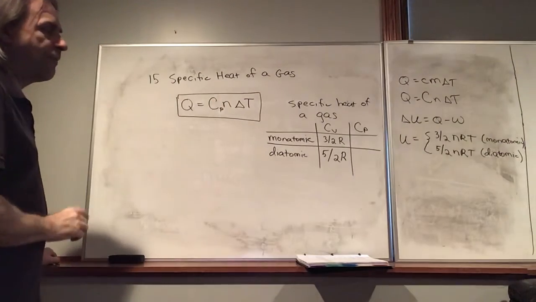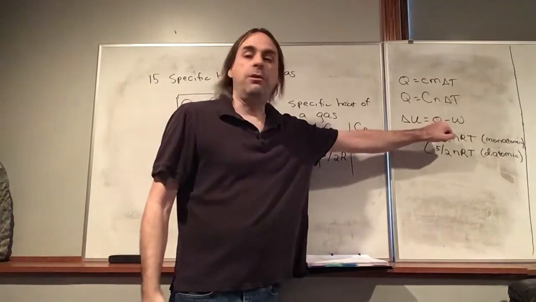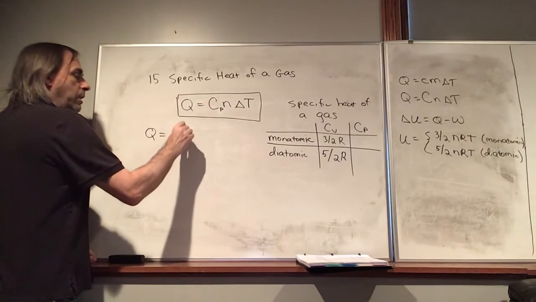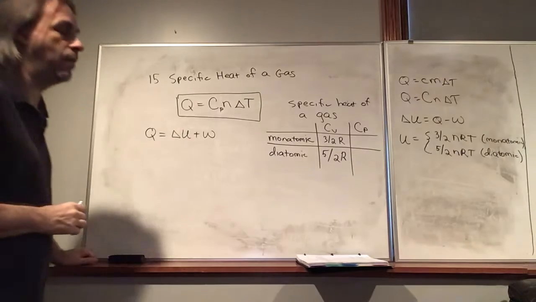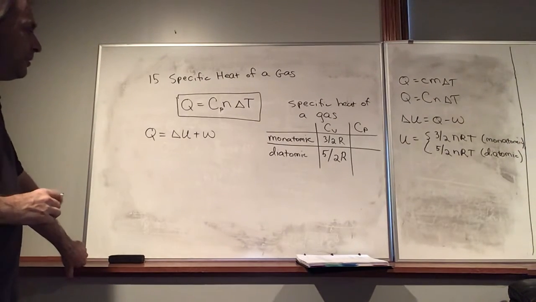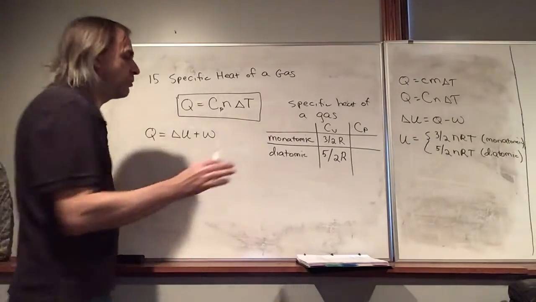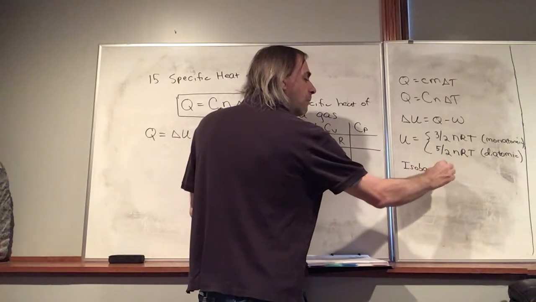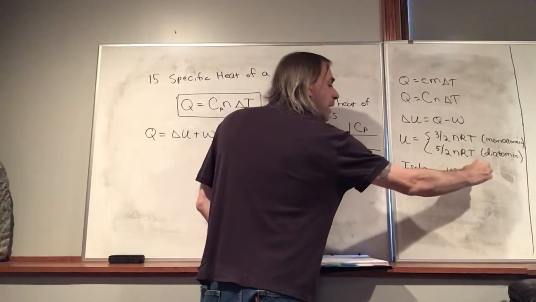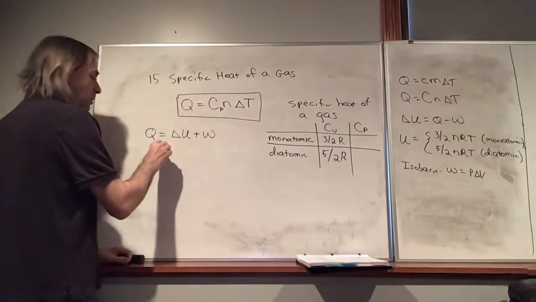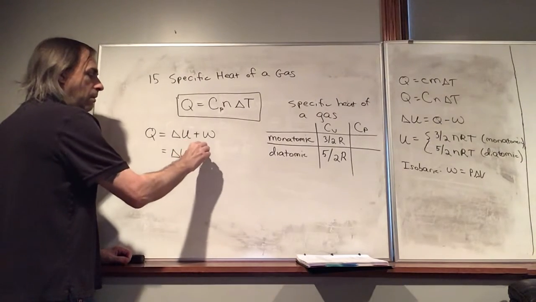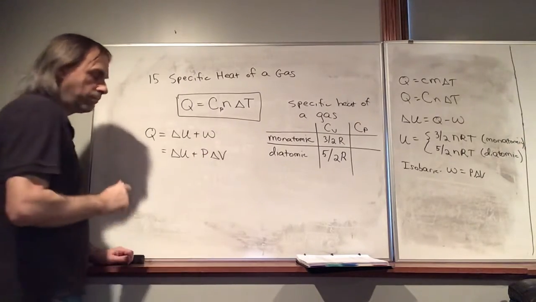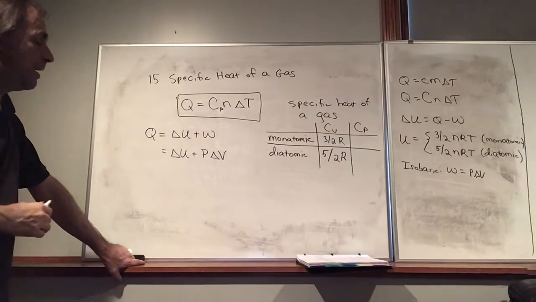So again, let's look at the first law of thermodynamics. Let's solve for Q. So Q equals delta U plus W. We can write it that way. And remember, we're doing this at a constant pressure, so remember the work for an isobaric process is P delta V. Now, we need one more thing here.